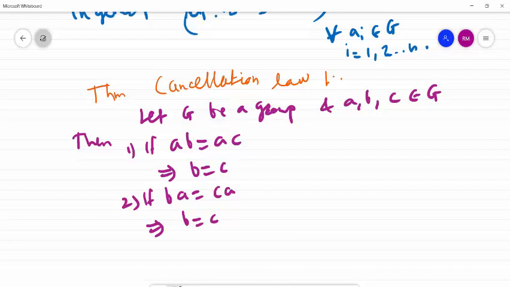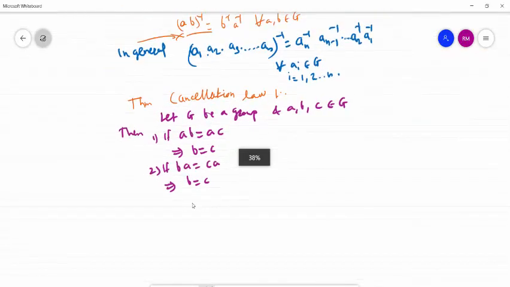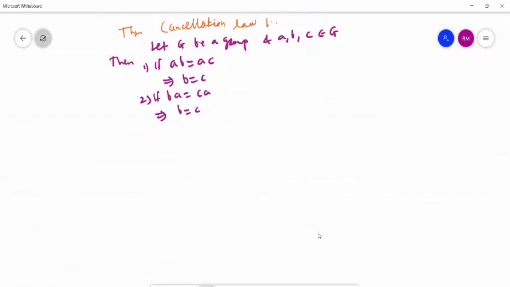So how do we have to prove? Let us start. In short, we write PF for proof.